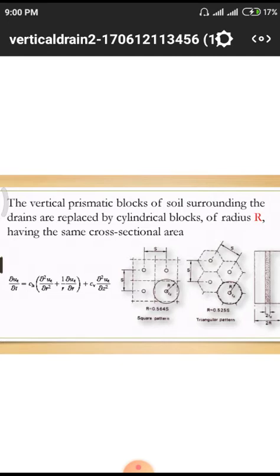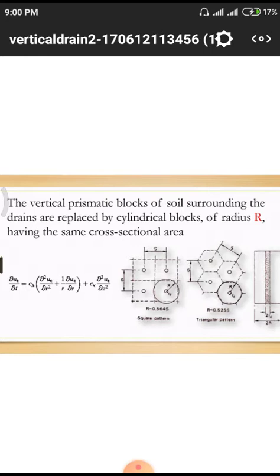This is another classification with respect to these polar coordinates. That means dou u z by dou t equals CV into dou square u by dou r square plus 1 by r into dou u by dou r plus CV into dou square u by dou z square, where r is the radius of a borehole, that means the vertical drain hole.